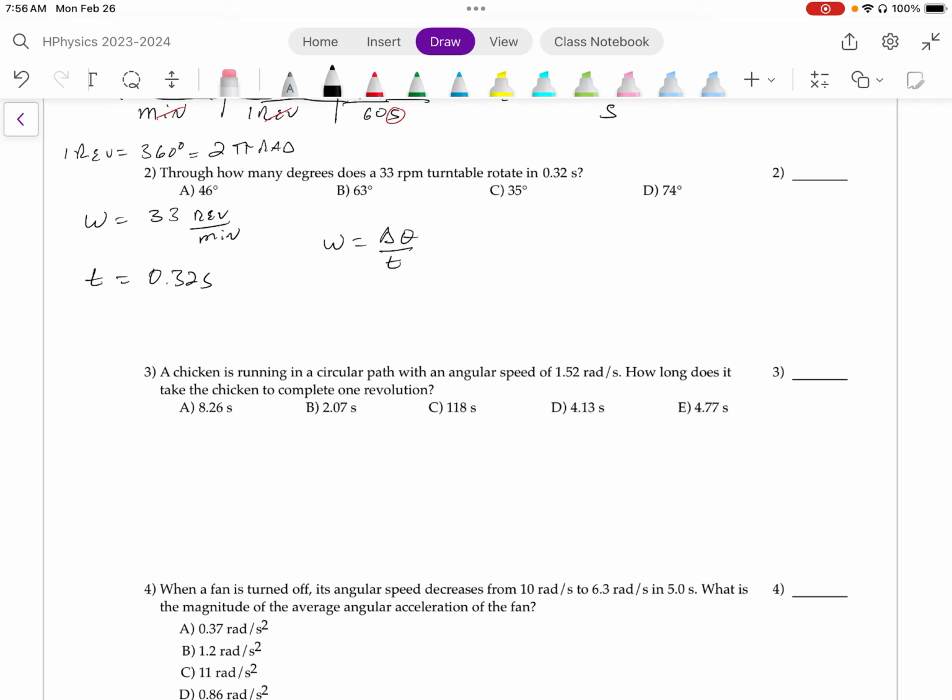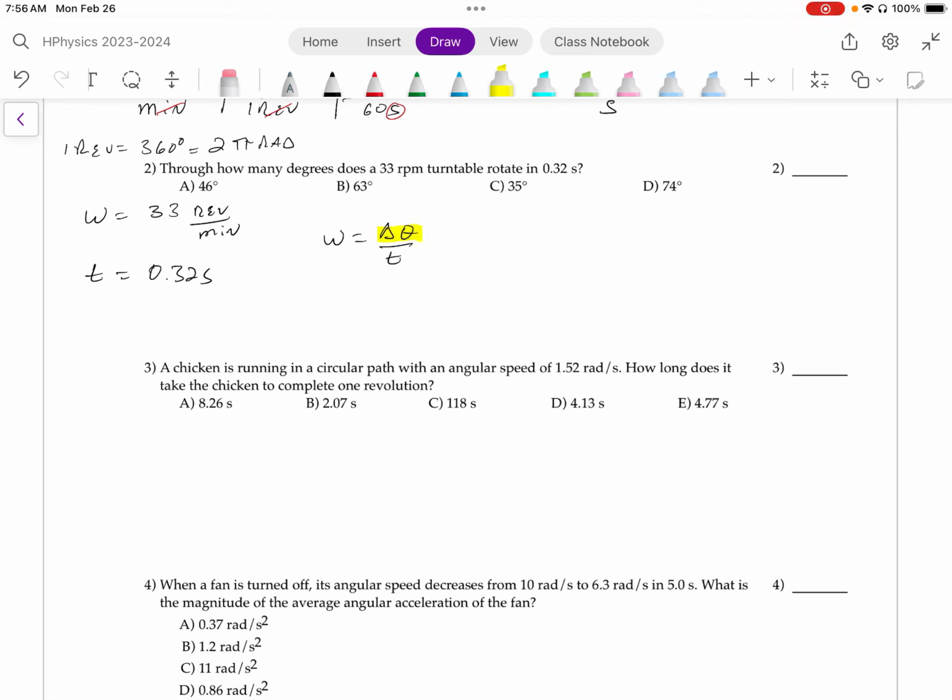And so if I want to know how many degrees the turntable went through, I'm looking for the change in position. That's what the question is asking, but they want it in degrees.